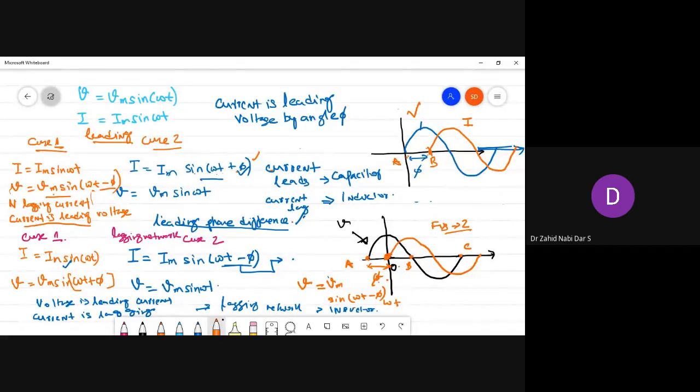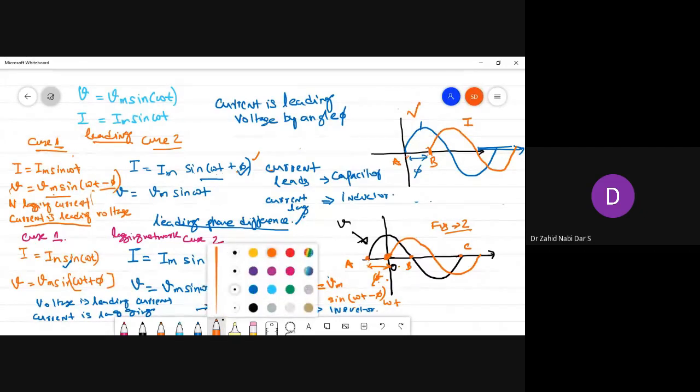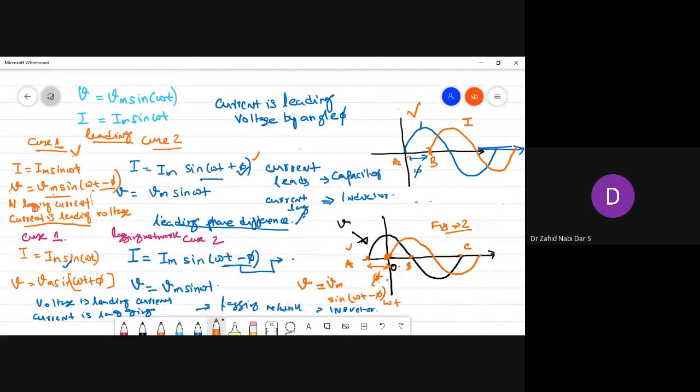Now if I have this negative network here, what I write is V is equal to Vm sine omega t minus phi. So V was this and Im was this. This is the case for case one, this orange figure.